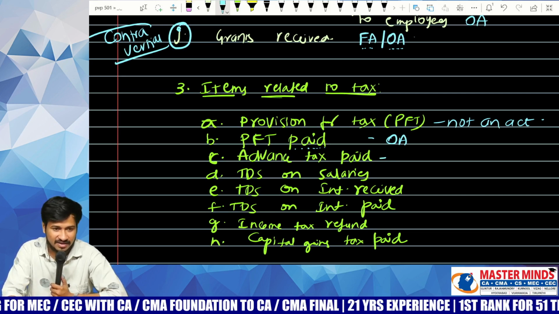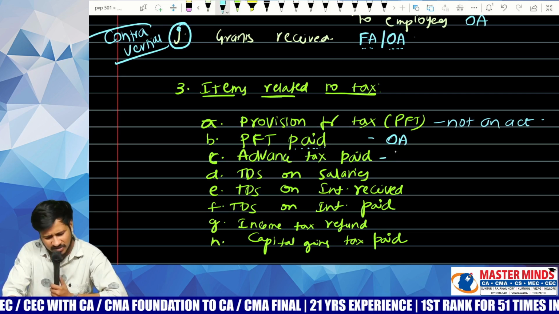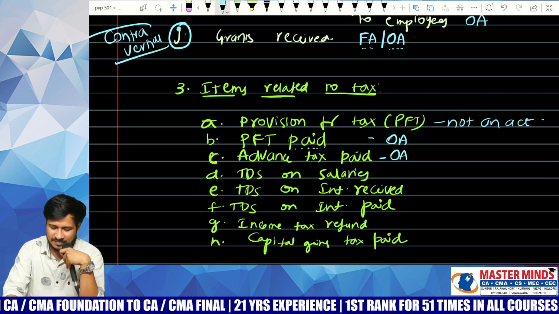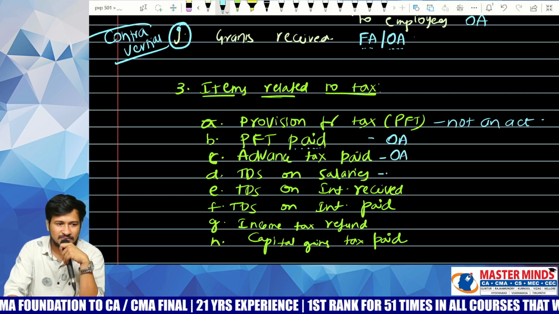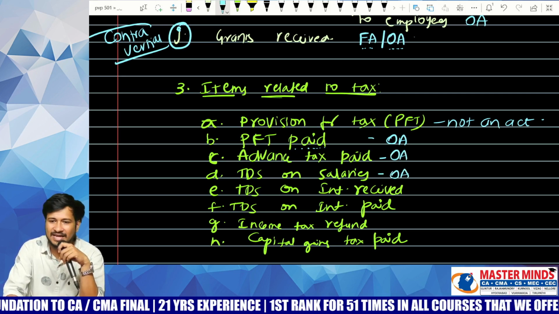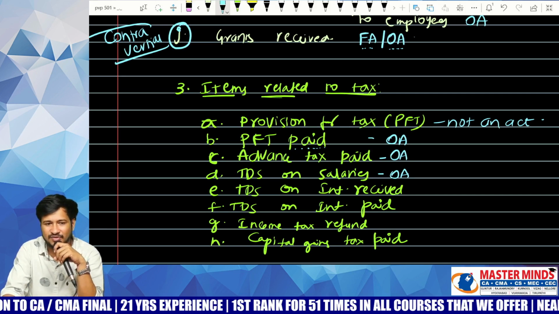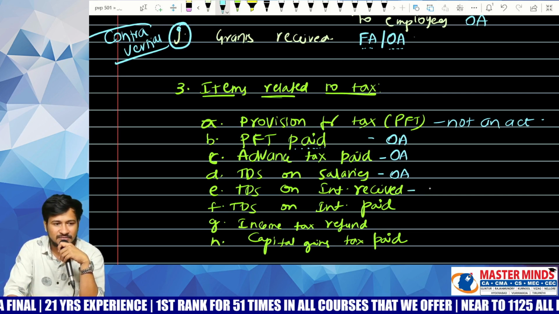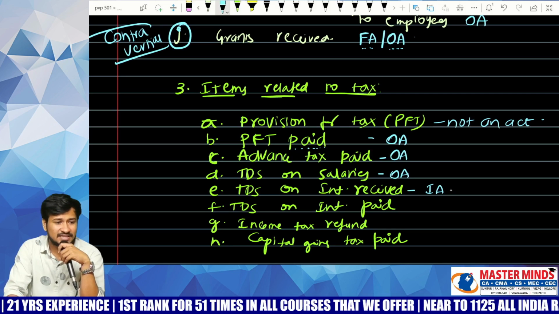Concentrate. Advance tax paid. Yes, again operating activity. Different forms of tax, that's it. TDS on salaries. Operating, because salary is an operating activity. On that, if you have deducted tax, this is operating. TDS on interest received. Investing activity.